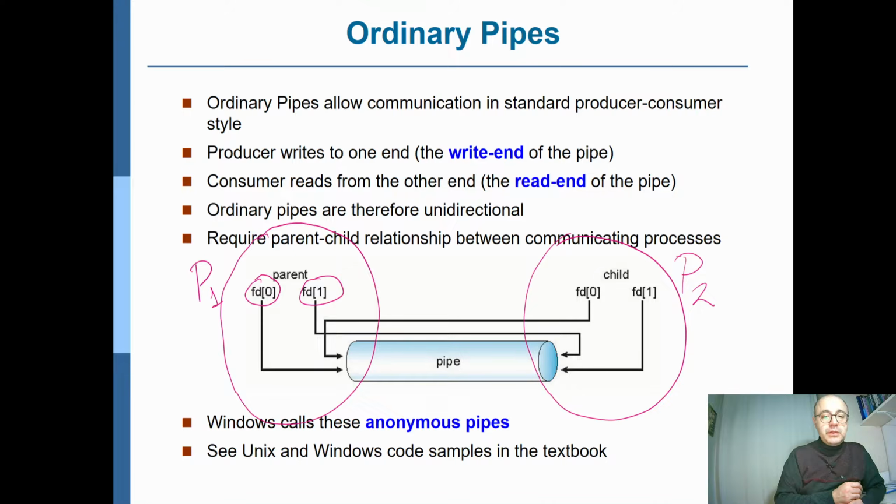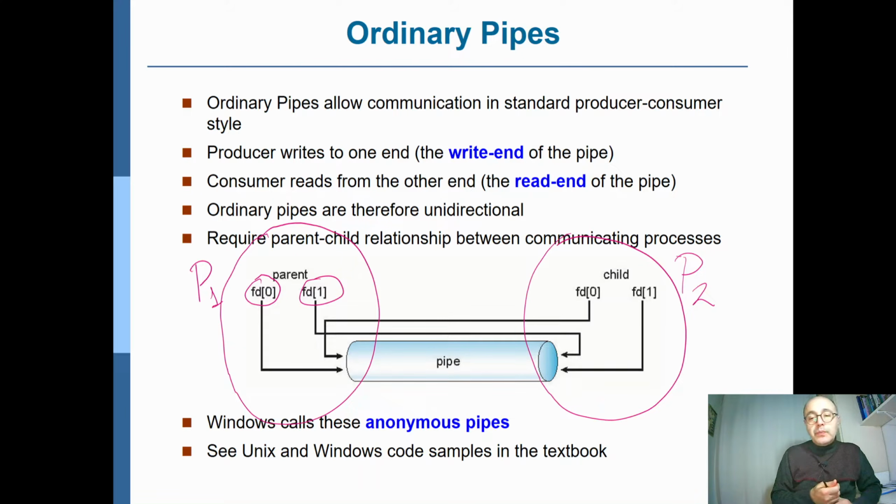FD is just the name of the variable. You can name it anything. But the parent, for example, will use 0 for writing, 1 for reading. If the parent is writing through 0, the child, since it knows it's a child process, not the parent process, should use 0 for reading, 1 for writing, just the other way around.